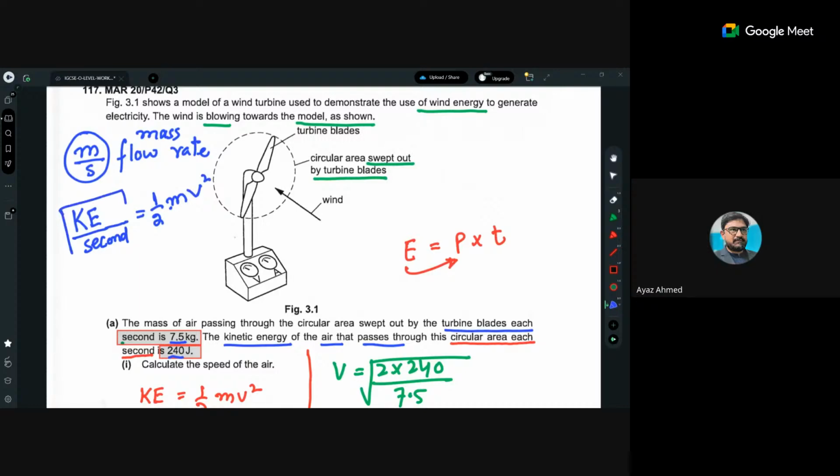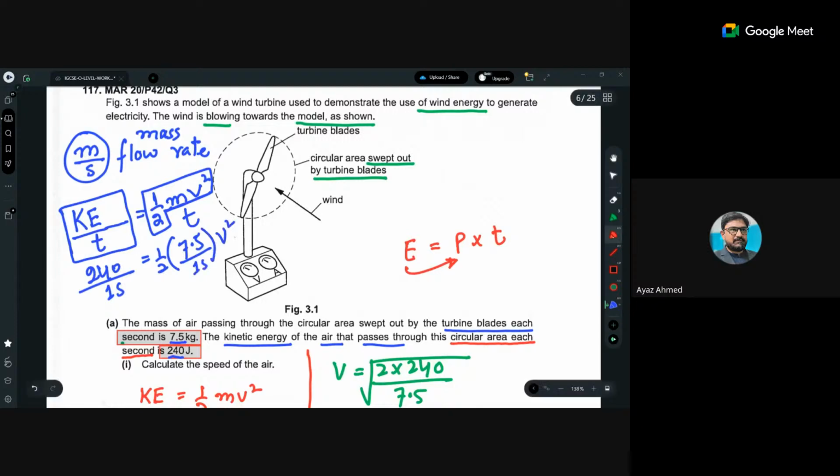Energy divided by time is given to you, so you have to divide this with time also. Why? Because if you divide kinetic energy by time, it becomes power. And if you divide the kinetic energy formula by time, again it is power. So kinetic energy is 240 and time is 1 second, and then 1 by 2, mass is 7.5 kg and time is 1 second, and velocity is to be calculated. Now you got what I was explaining about seconds?